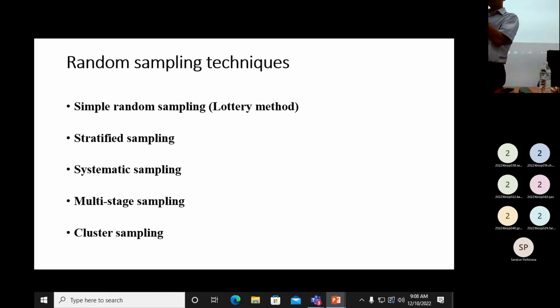As an example, in your organization, there are 1,000 employees. All the 1,000 employee numbers you can put into a box, mix up, and select 100. Equal chance is there. When you select 100, what is the probability out of 1,000? 100 over 1,000 is the probability. Equal chance.